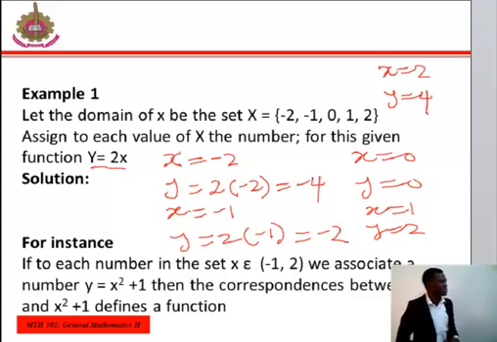For instance, if to each number x in the set between 1 and 2, we associate a number y equals x squared plus 1, then the correspondence between x and x squared plus 1 defines a function.